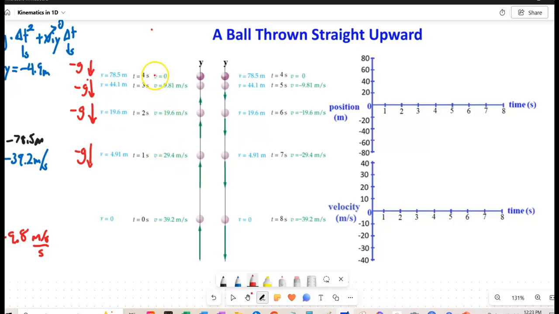And then finally, it comes to a stop. Now, gravity is always pulling on this object downwards with the same amount. So even though it's not moving, it's still got an acceleration downwards.